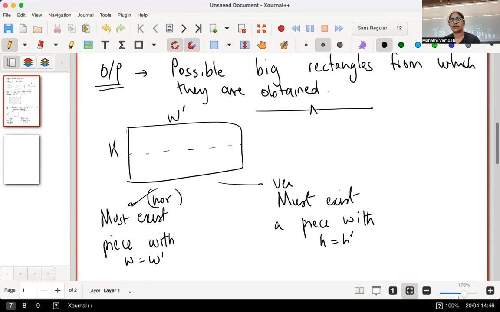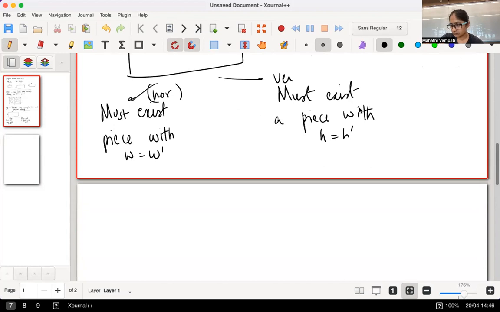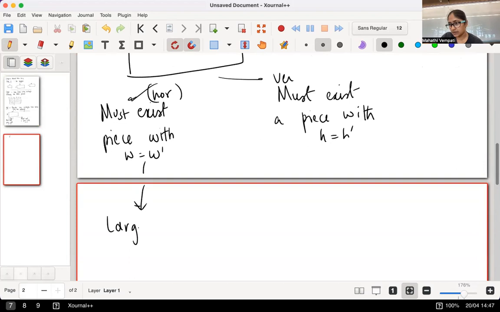The second idea, I guess, is, okay, no, let's continue on this first idea. So what this tells us is if they had cut horizontally, then the largest width you see is the width, right?